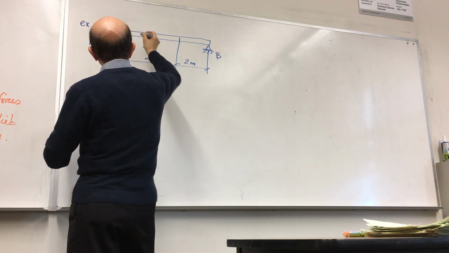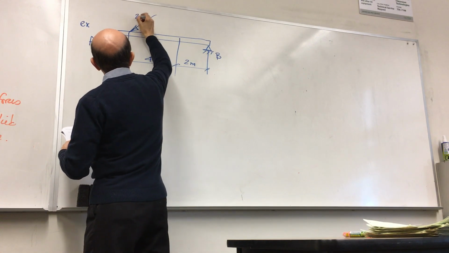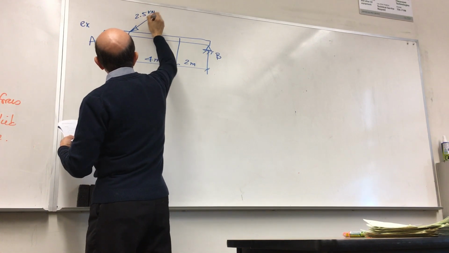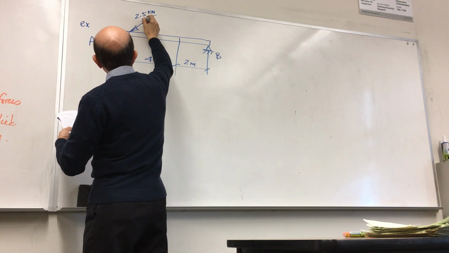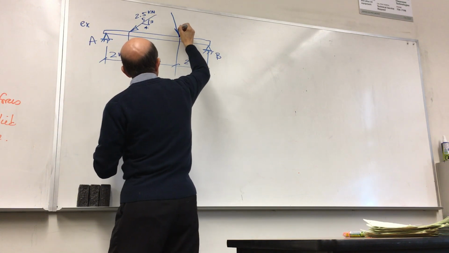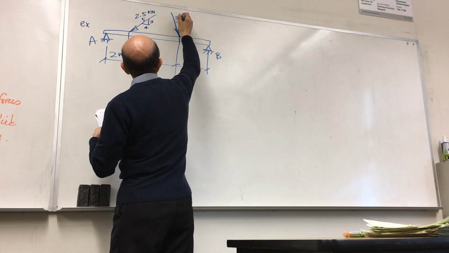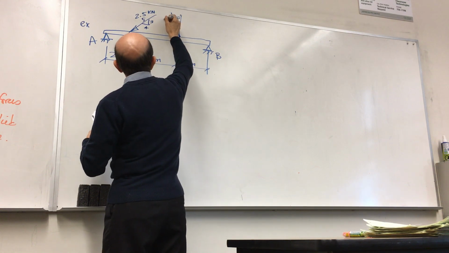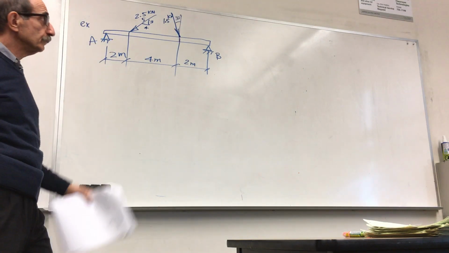You have an applied load here, 2.5 kilonewton, and the slope of this is 3, 4, 5. You have another force acting here, making an angle of 30 degrees with a vertical line, and the magnitude of that force is 1.5 kilonewton.